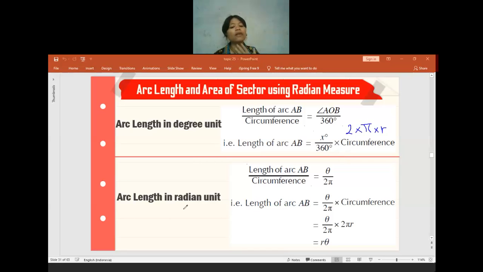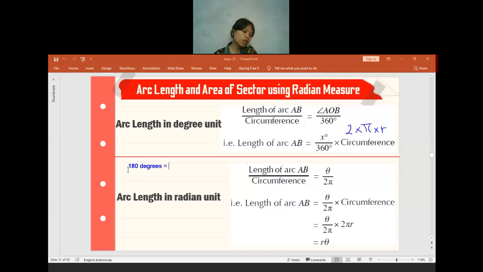Okay, now what if the angle is given in radian units? Does anyone still remember 180 degrees is equal to how many radians? Are you sure? 180 degrees equals how many radians?